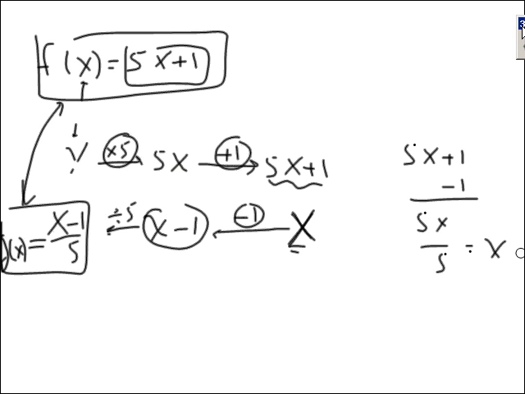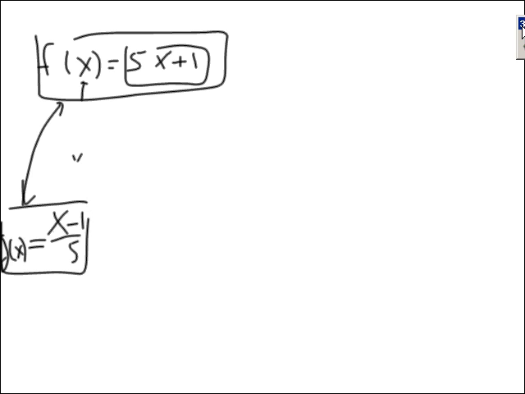Okay, so make believe we didn't find it. The problem gives you f and g, and they say show that they're inverses. Let me write g a little bit higher: x minus 1 over 5.